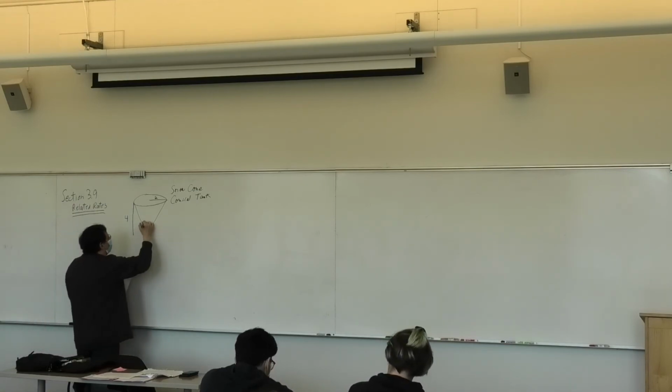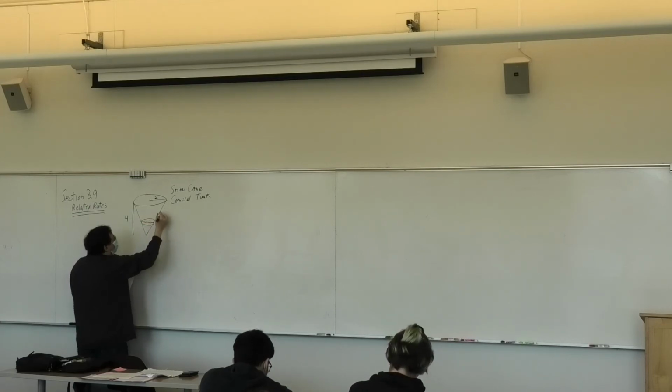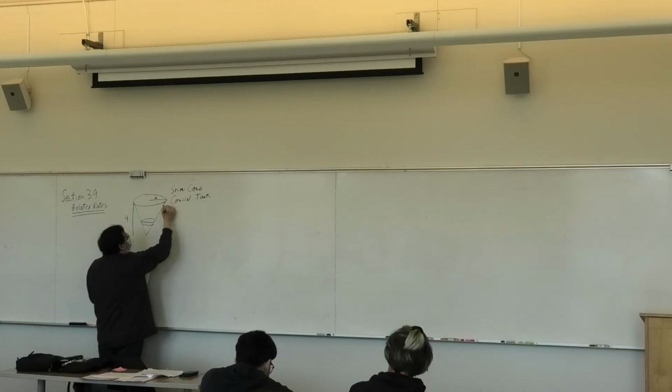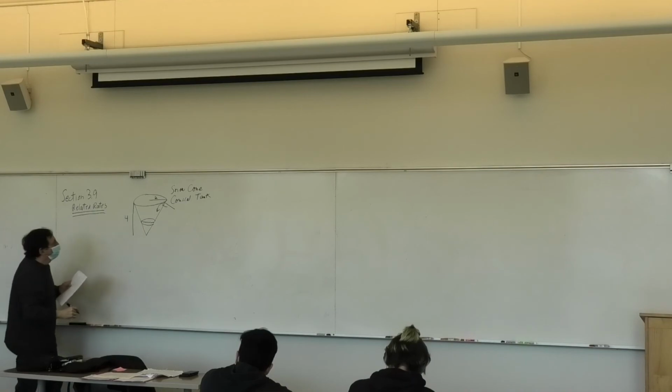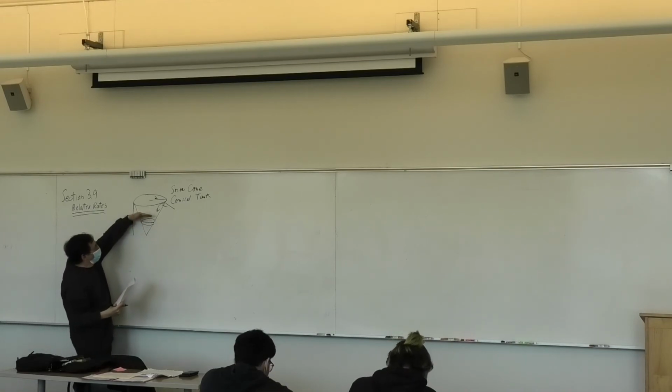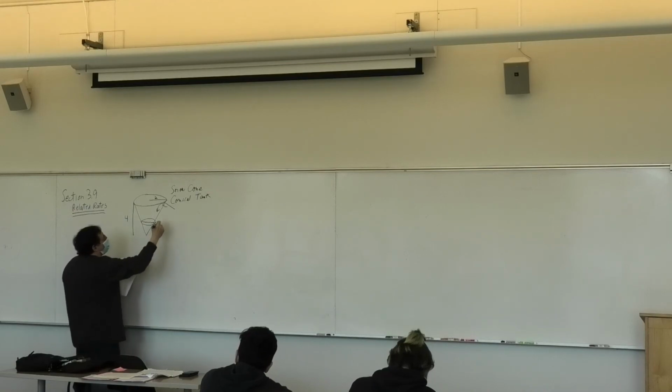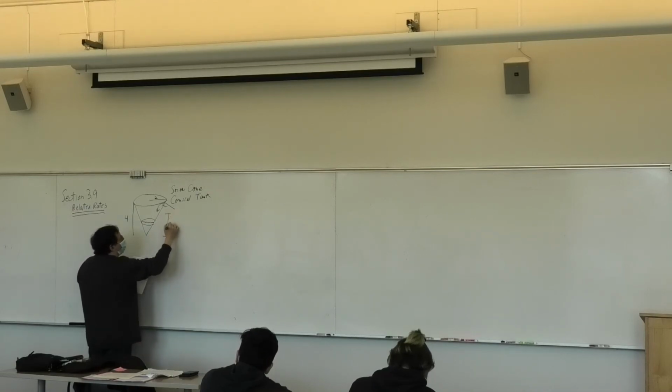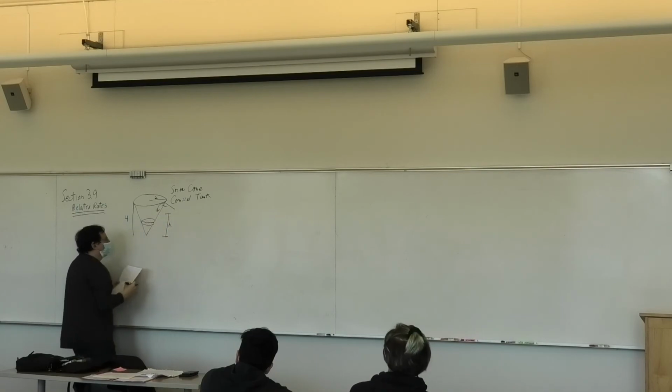And it has some liquid in it. And we have some kind of inlet here. We're pouring water in. And the level is rising. We'll call that level h, wherever the water is.